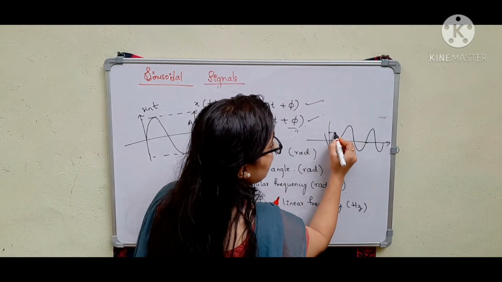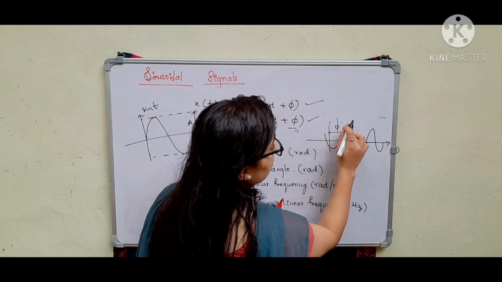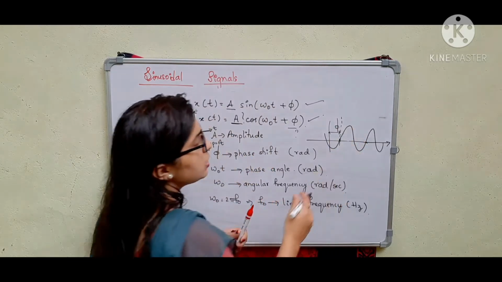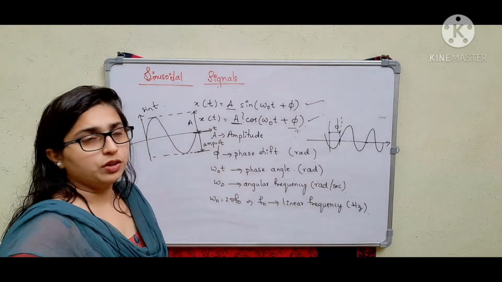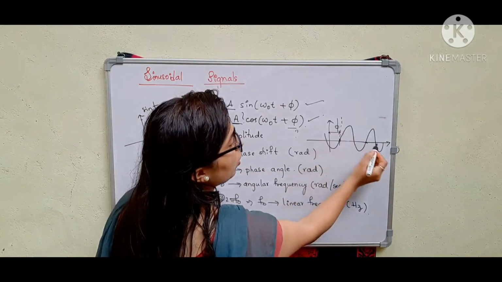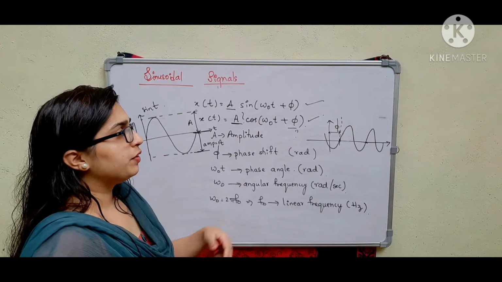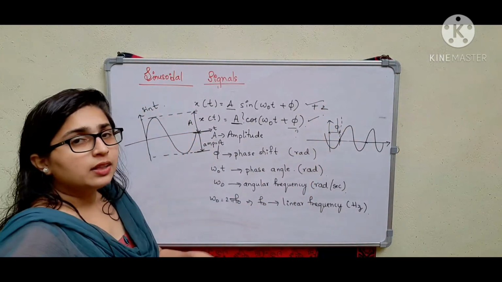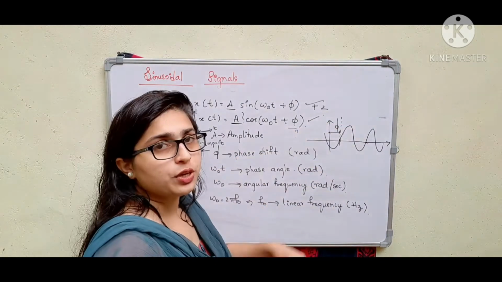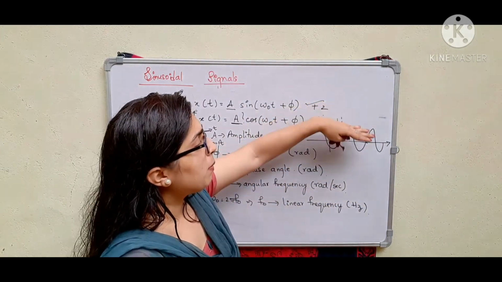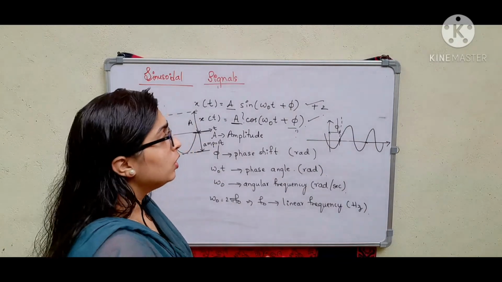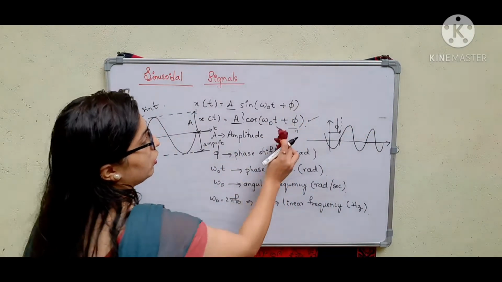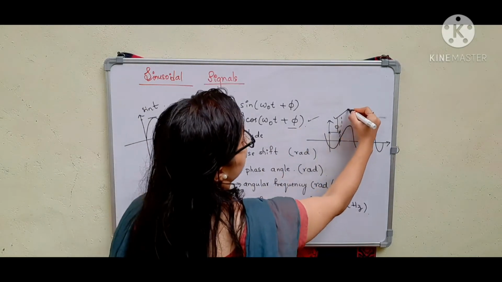So this one will be our phase shift, phi. In the horizontal direction, it will be shifted. Sometimes they use constant terms here like 2, 1, that will indicate your vertical shift, like it will be shifted above or below. But now we will be studying the horizontal shift. So this is the phase shift.